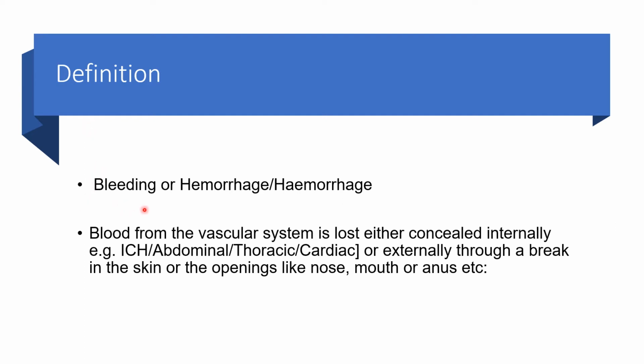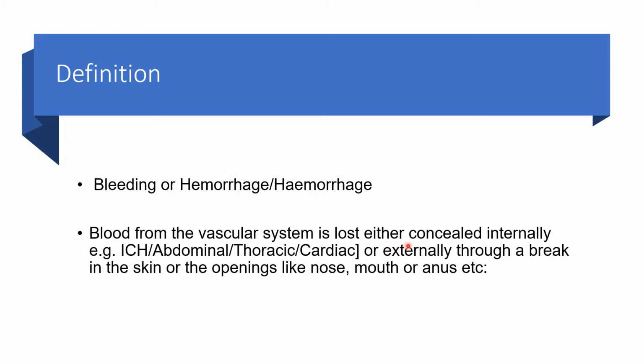Bleeding, on the other hand, known as hemorrhage in North America and spelled a little differently in Europe, but it's the same, is when blood is lost from the vascular system.